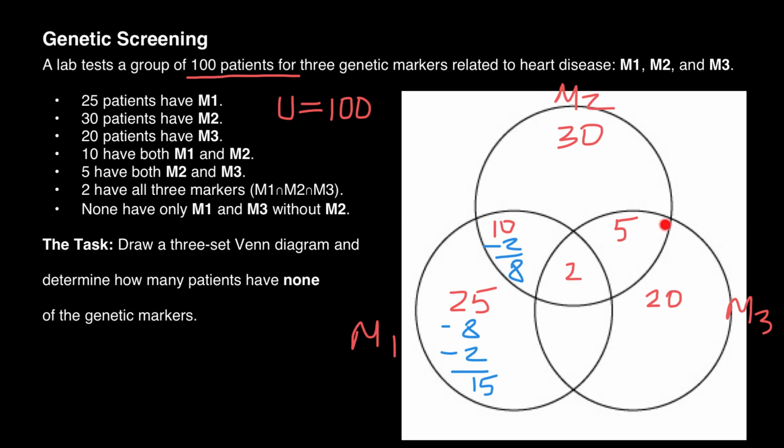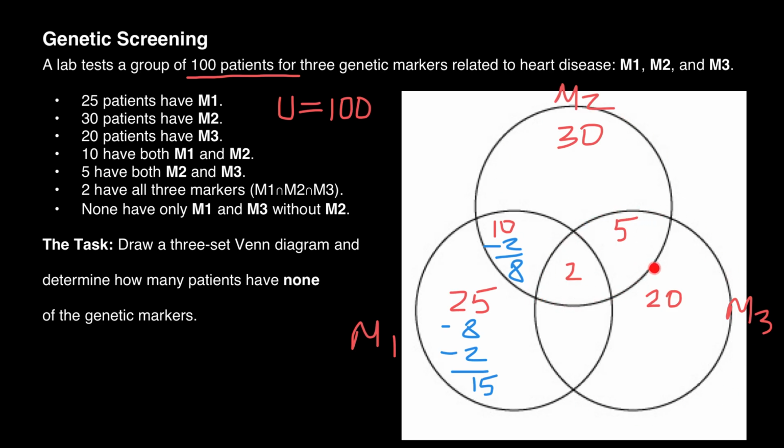Now let's move to marker M2. We know the number which represents this intersection. We know the number which represents this intersection. Now let's find the number that would represent this intersection, because 5 here stands for this overlap, for those people who have both markers M2 and M3.